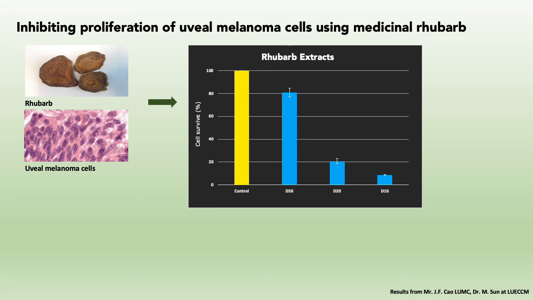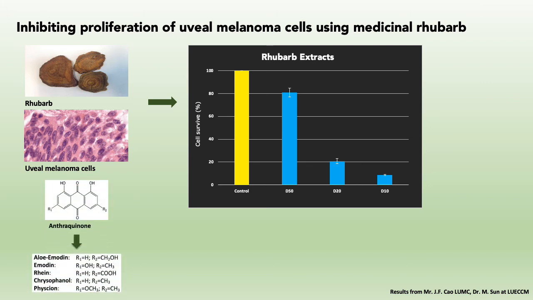So you can see with different extracts of rhubarb, when you increase the concentration of extract, the inhibition of uveal melanoma cell line growth is very clear. As we know, the anti-cancer effect mainly comes from the anthraquinone family, as reported in the literature.